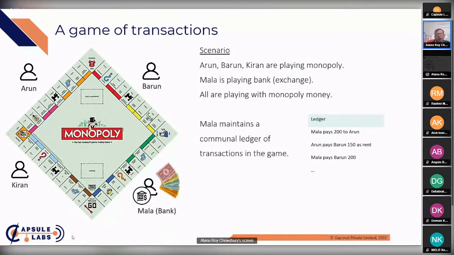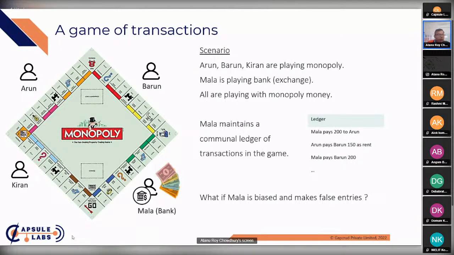So now the question over here is, what if Mala is biased and is making false entries, right? Because it's a ledger that is maintained by Mala, she is the one who is making entries into the ledger, and it is possible that those entries were incorrect, right?